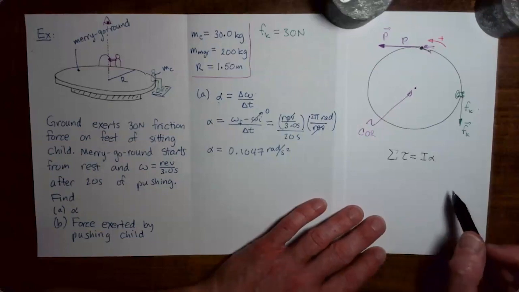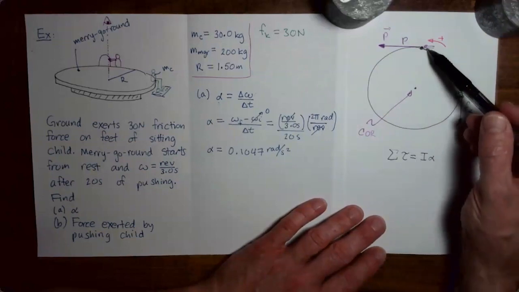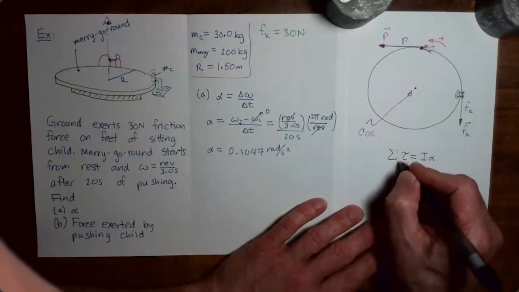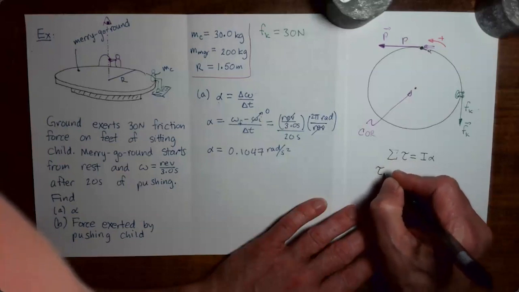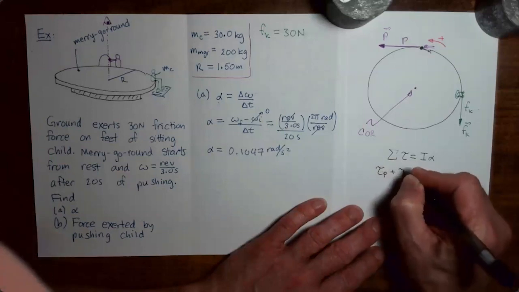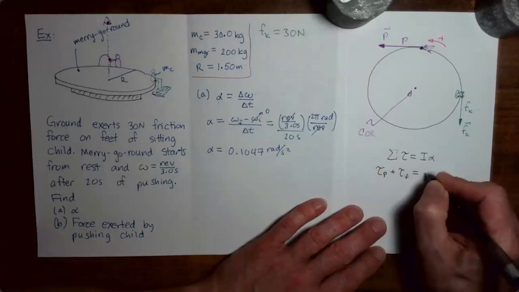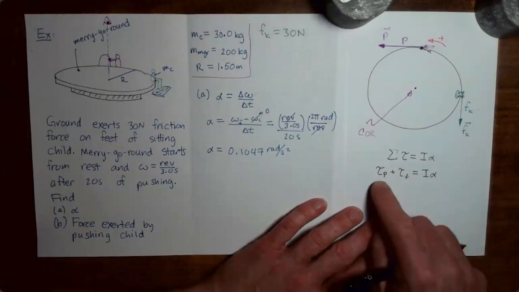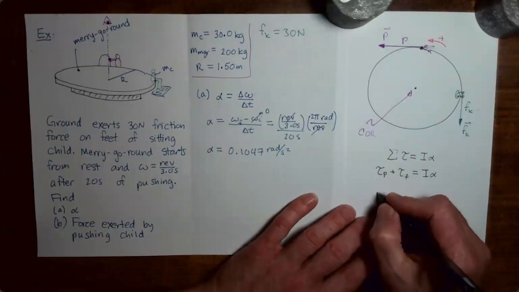There are two torques acting on the merry-go-round here. We have the torque from the pushing child and the torque from friction. So I'm going to replace sum of torques with torque from the push plus torque from friction equals moment of inertia times angular acceleration. There are three things that we need to work out here. We need to work out the torque from the push.